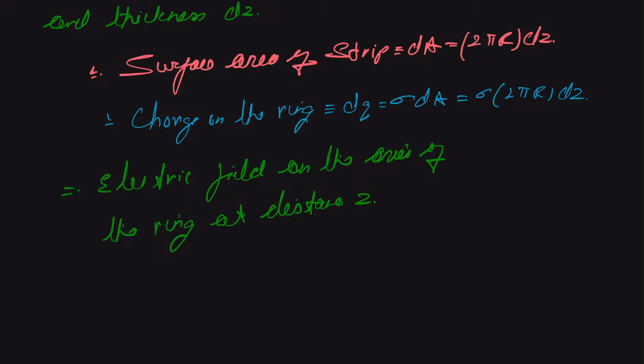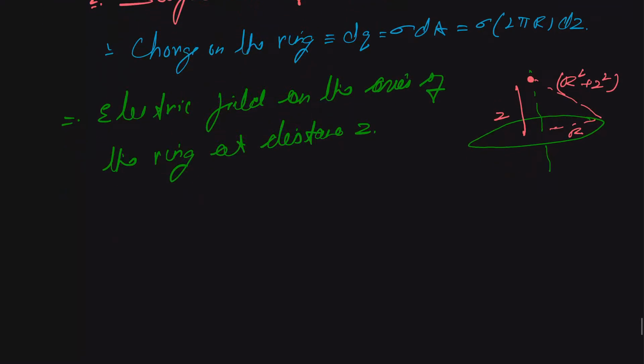So it means this is our ring, this is the axis, and we have a point somewhere here, that is our z distance, and its radius is given as r. So we get this distance will be equal to the square root of r square plus z square.